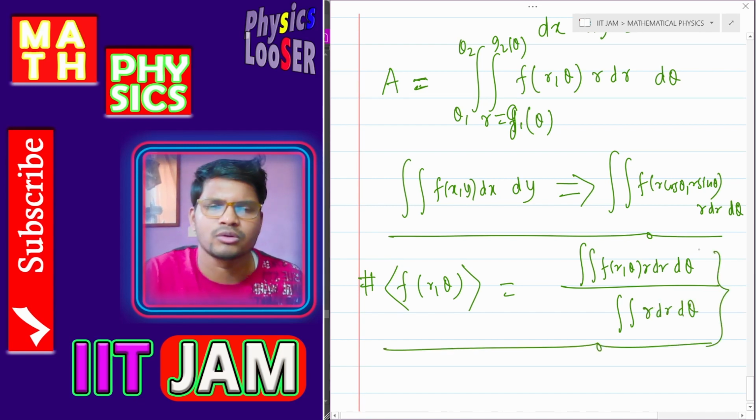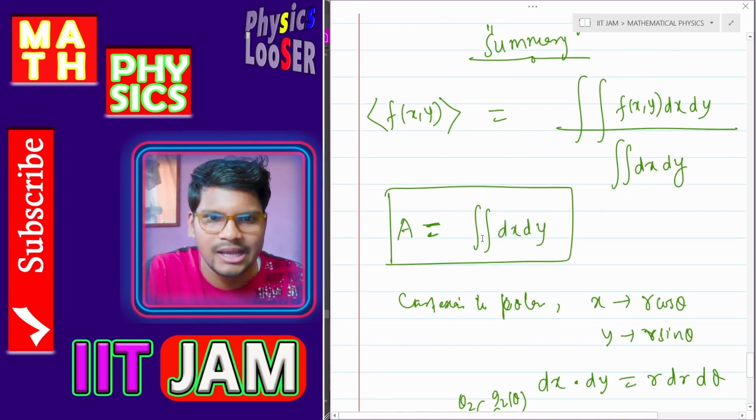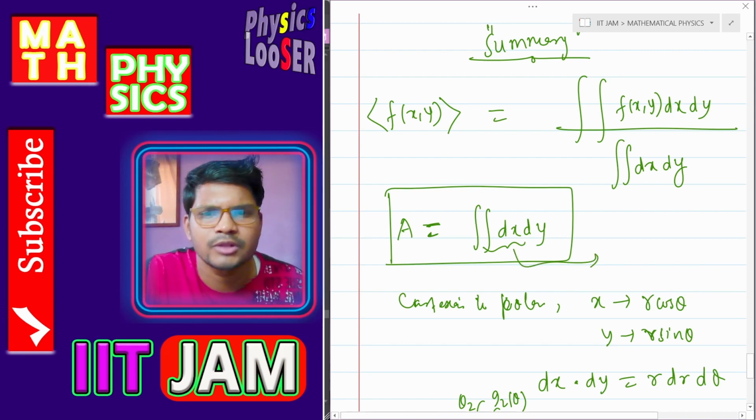So this is the total summary of today's lecture. We started from this area integral, how we can find the area of a region. We understood how to take a limit. This thing is very important once you have decided whether you want to do the integral with dx and dy. So I hope everything is clear, and in the next video I'm going to do the volumetric integration.